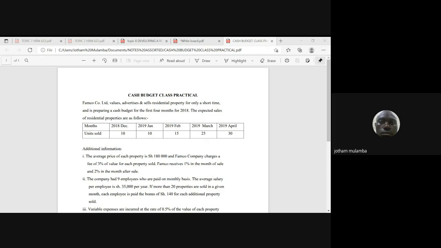That's why we need to prepare a cash budget and see how it's useful to an organization. So I'm displaying a question, and I'll give you about 3 to 5 minutes.